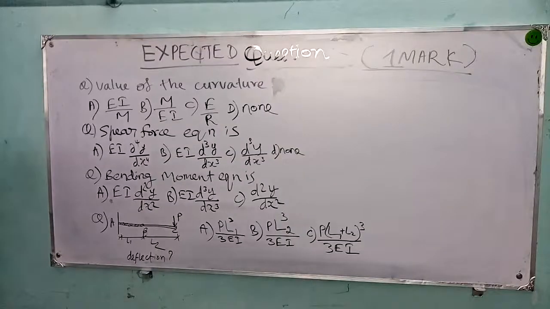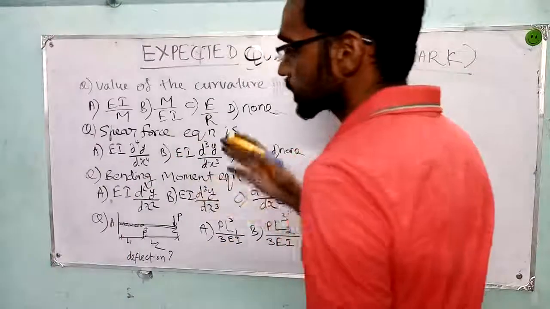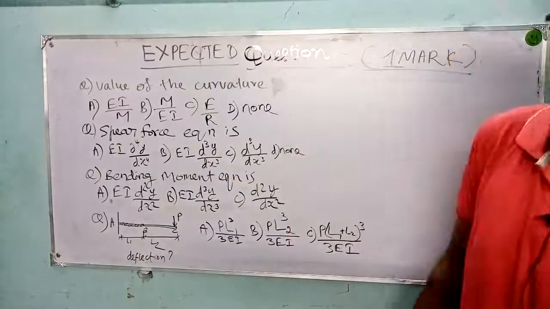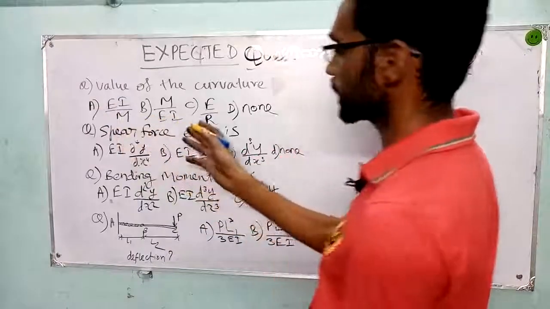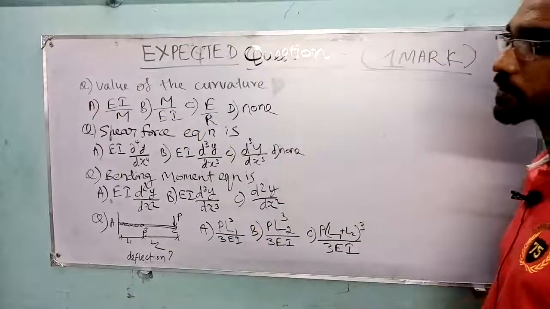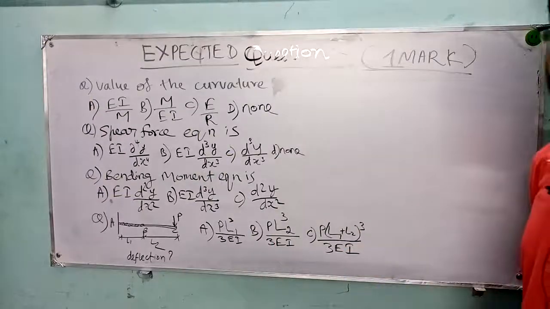So friends, in this question, what is asked is the value of the curvature, with options such as E by M, M by EI, by R, none of these.